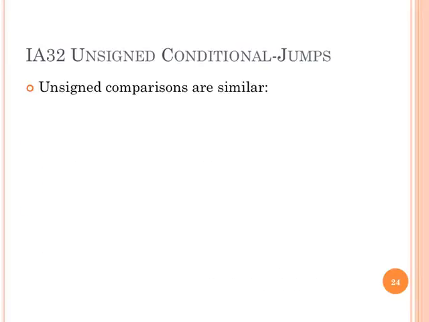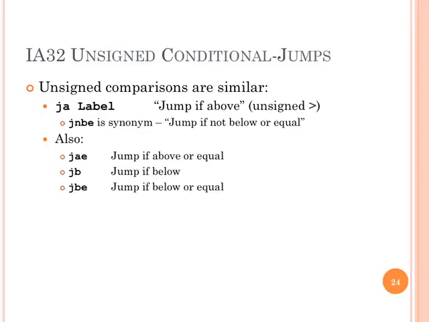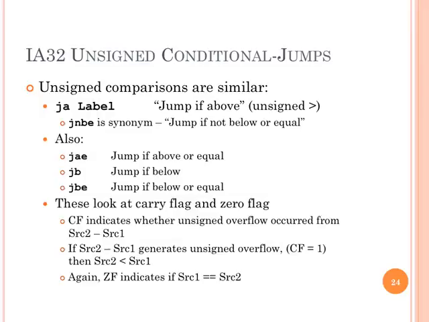Okay, now you have signed comparisons, but you can also do unsigned operations, so you have to think about unsigned comparisons as well. And these are slightly different, and similar enough to be confusing. Jump if above or below is unsigned. Jump if greater or less is signed. So jump if above, that's unsigned greater than. You also have jump if not below or equal if you care.